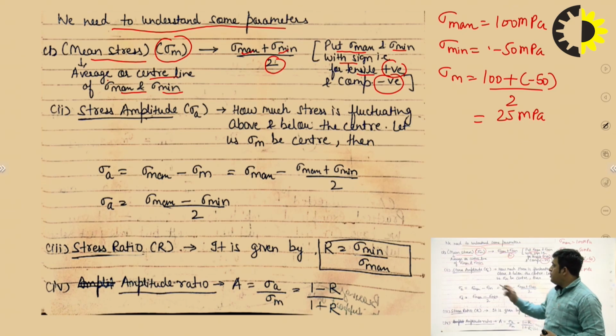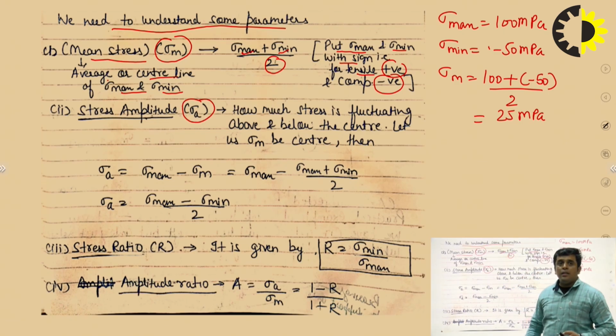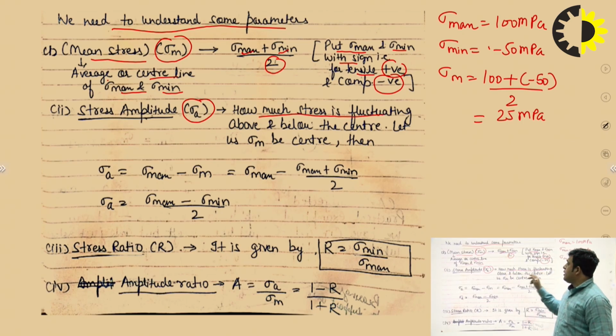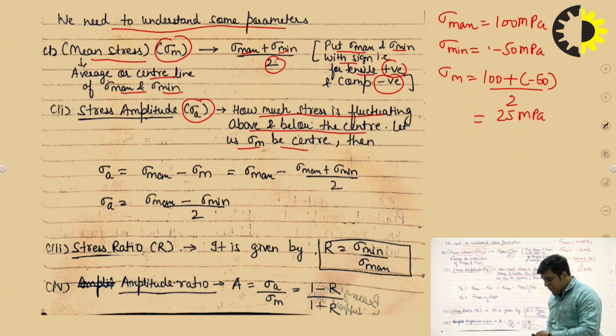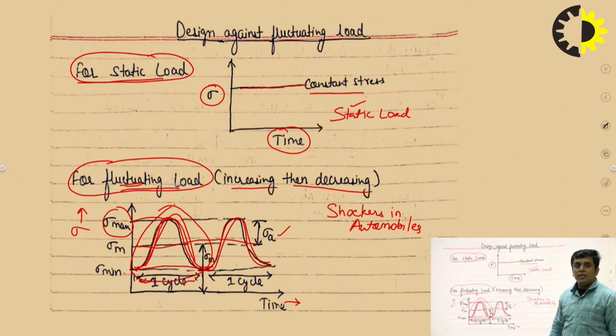Now if we come to the next point, that is sigma a. It has been clearly mentioned that it is how much the stress is fluctuating above or below the center line. If we see this figure, this is the line of sigma m, that is the mean stress.